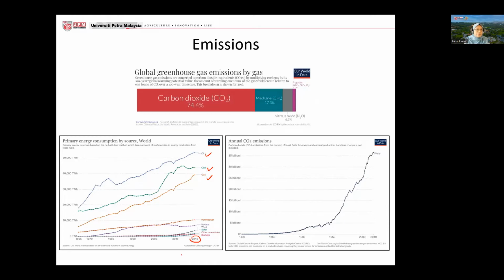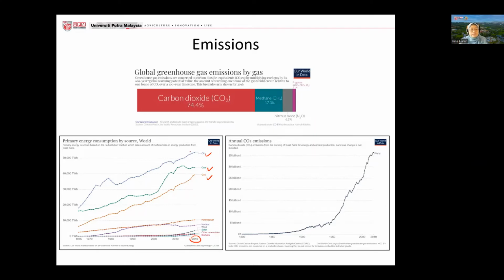You can always have a look at the latest data. So up to 2019, we are still, well, not totally, okay, mostly dependent on the fossil fuels, oil, coal, and gas.